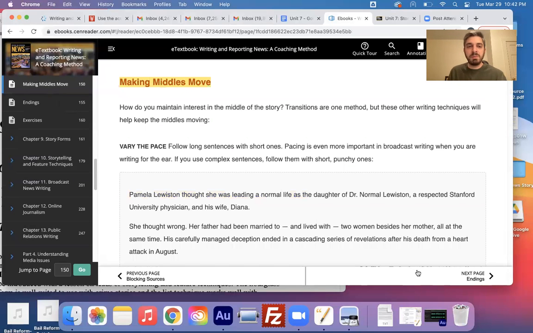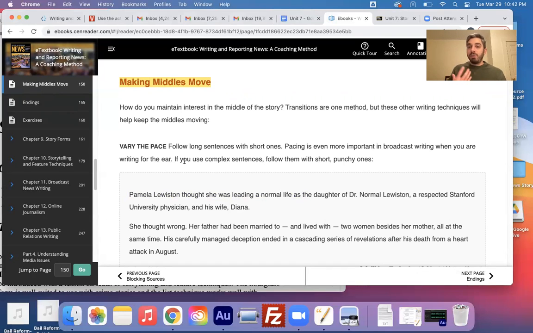Okay, making middles move. How do you maintain interest in the middle of the story? Transitions are one method, but there are other writing techniques that will help keep the middles moving. Vary the pace, follow long sentences with short ones. Pacing is even more important in broadcast writing when you are writing for the ear and we are speaking the dialogue.